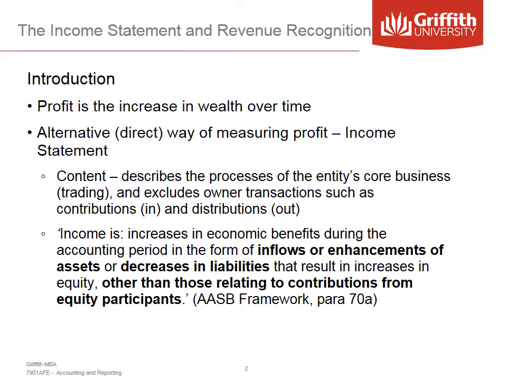Now notice specifically that in this direct calculation of profit in the income statement, we exclude contributions from owners and payments to owners. So this content now is purely about trading. And you can see the definition in the next point below from the AASB framework. The language is slightly more fulsome, but it means the same thing.